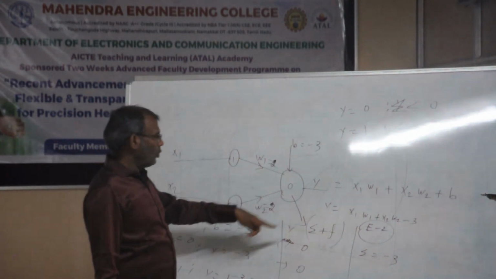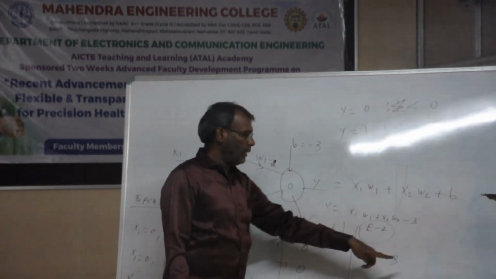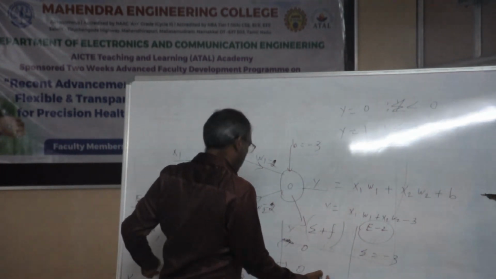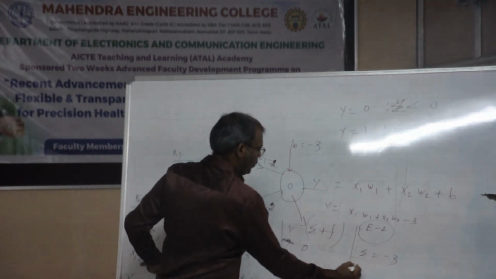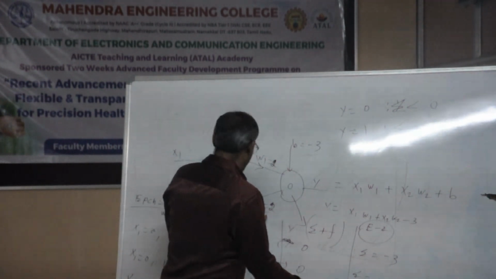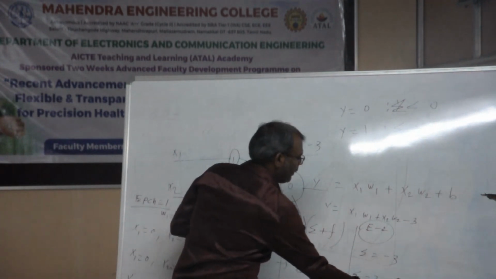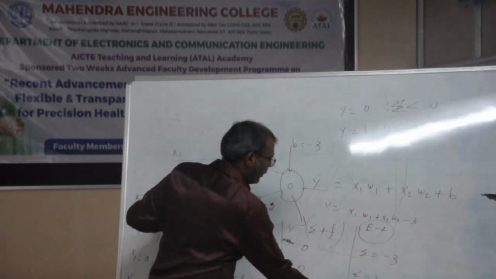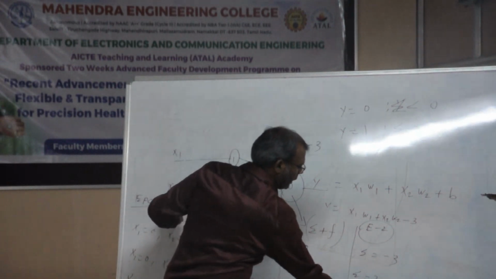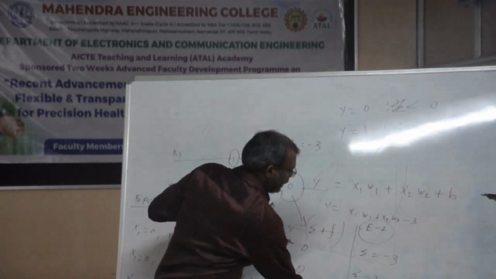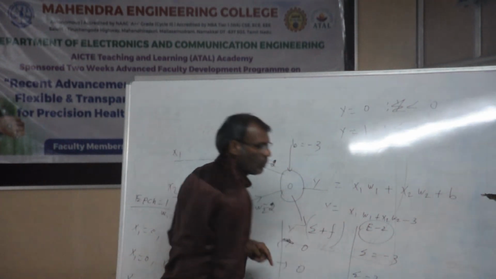And the next case, x1 is 0, then what will you get for the summation result? You get 2, so 2 minus 3 is minus 1. Then 2 minus 3 is minus 1 again. Then both are 1. You get 4 minus 3, which is plus 1.